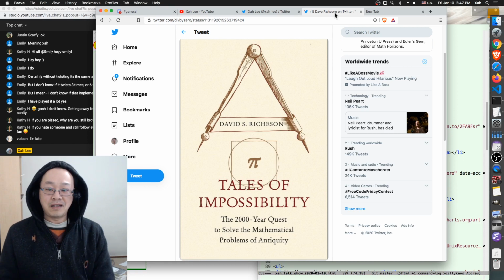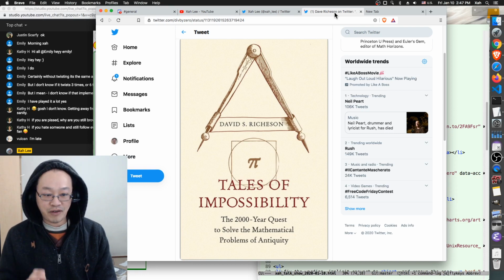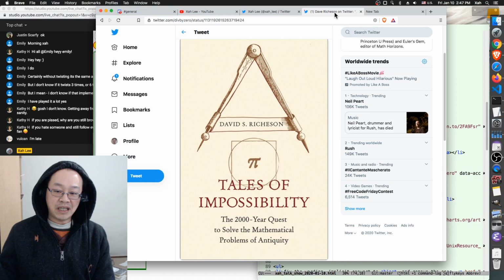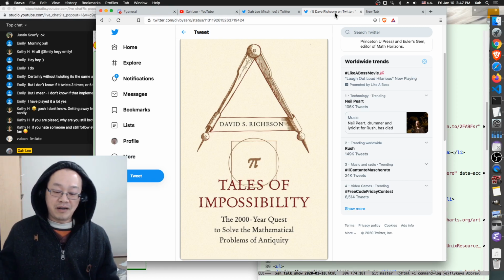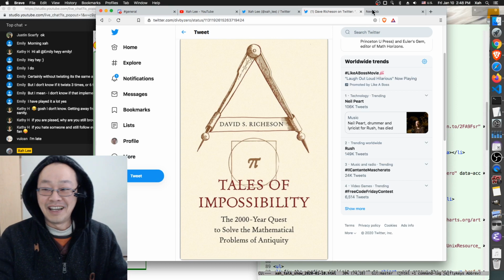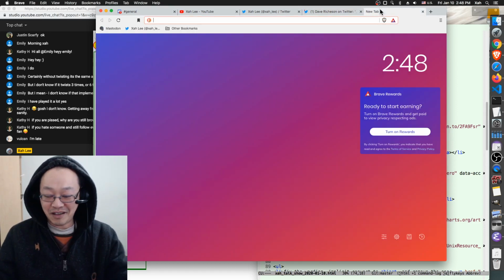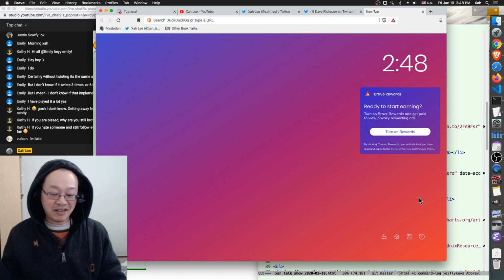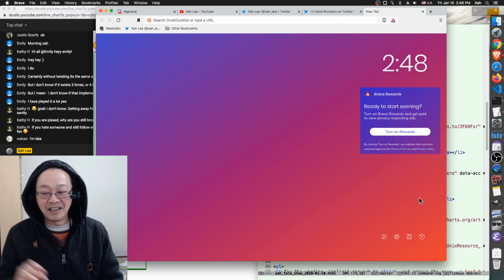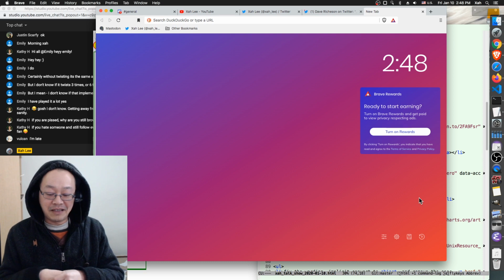Like in the Department of Mathematics, if you are a professor, you will receive mails, these days emails or postal mails, from people who think they solved the problem and they send you their proof. So you have to sieve through this garbage. There are tons of these people who think they solved these 2,000-year-old problems.